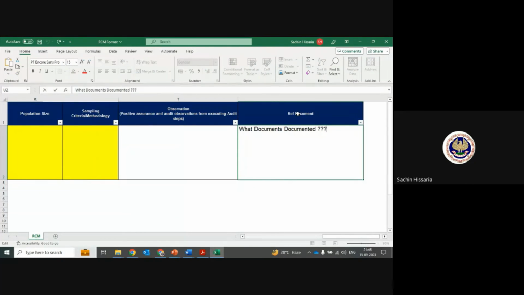For example, for this control, I have verified the change management policy or procedure. I need to keep this document somewhere in my file server or my audit documentation tool.